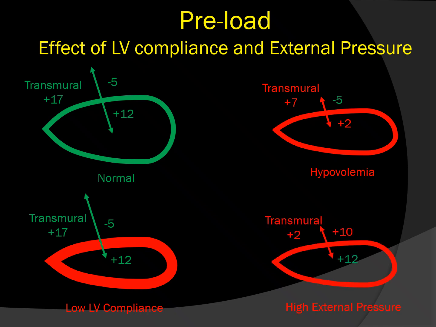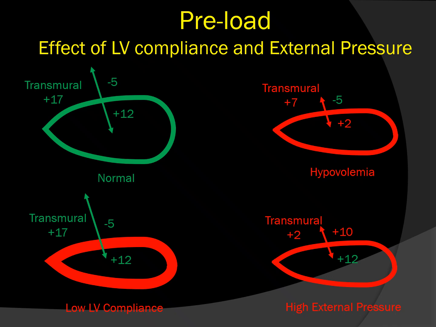Finally, let's look at an otherwise healthy patient who just sustained a tension pneumothorax from a fractured rib in a motor vehicle accident. Prior to the accident, and even in the emergency department, the patient was euvolemic and had normal left ventricular filling pressures of 12.